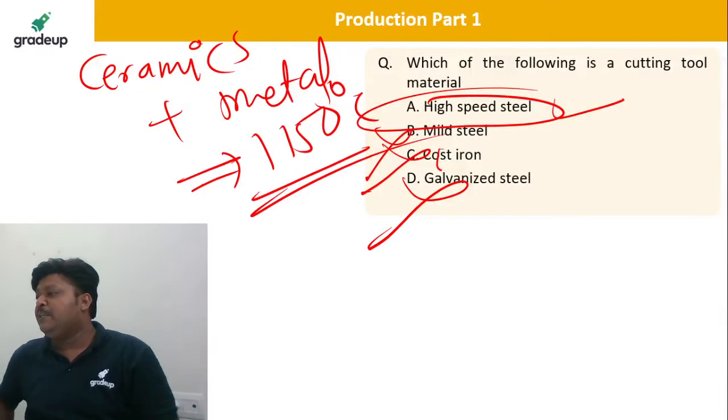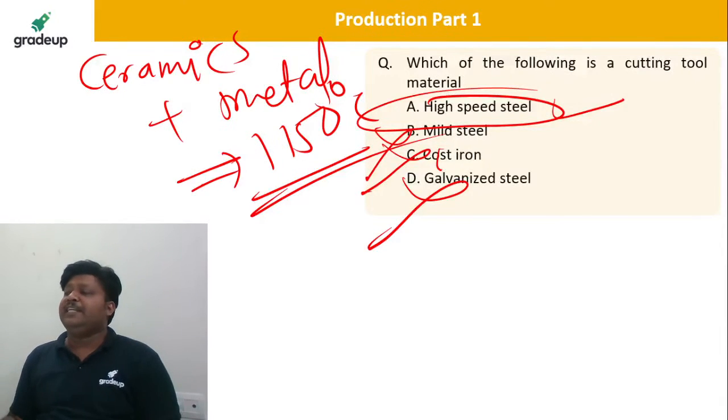Okay, I hope it is okay, Chahat. All the temperatures I told you. HSS 650, that is correct. Stellite 800, HSS 650, carbides 1000, ceramic 1200, cermet 1150, diamond up to 2000.